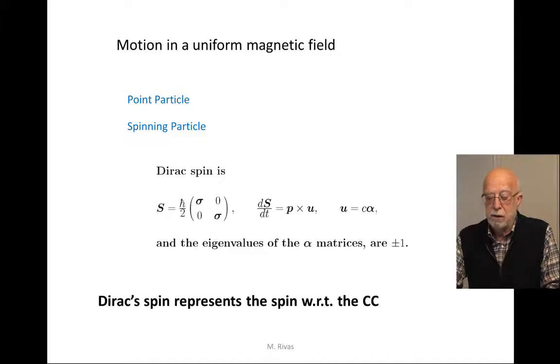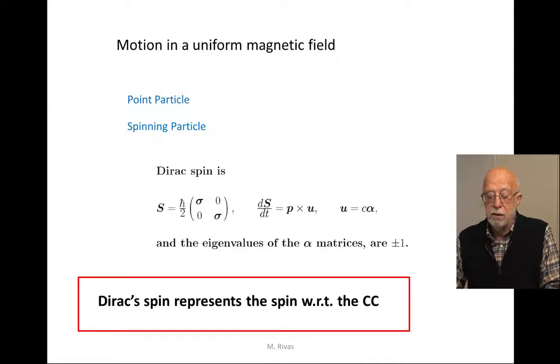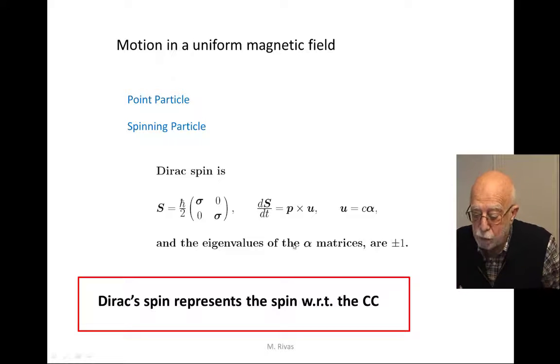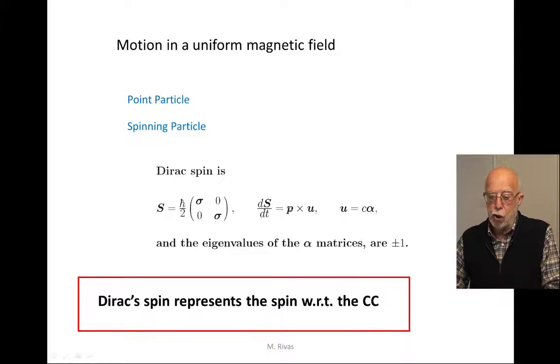So it is clear that in Dirac's theory, Dirac's spin represents the spin with respect to the center of charge. Not only satisfies the same dynamical equation, but it is described in terms of the velocity of a point moving at the speed c.